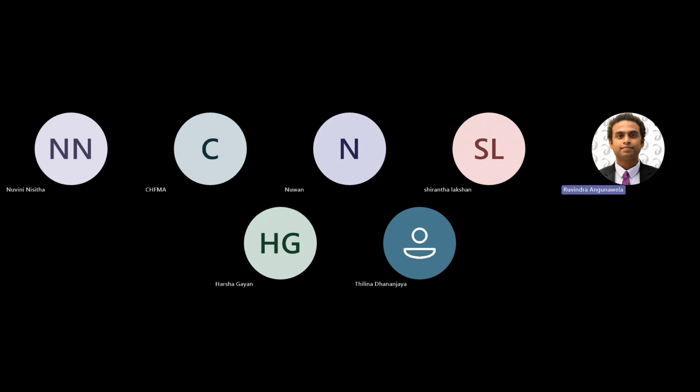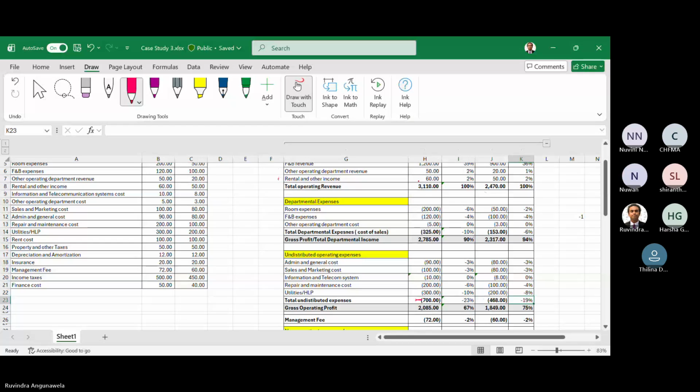Look at this Excel sheet or the P&L. What can you guys tell me has happened to this hotel organization? Was it better? Is the performance bad? Give me some pointers.